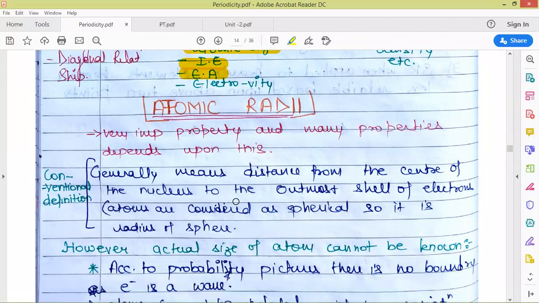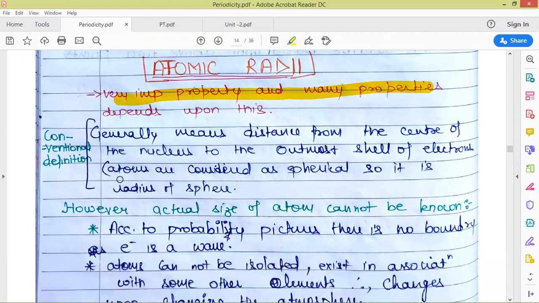So starting with atomic radii, this is a very important property and many properties depend upon atomic radii. The conventional definition of atomic radii is that it generally means the distance from the center of the nucleus to the outermost shell of the electron. This is the center of the nucleus.